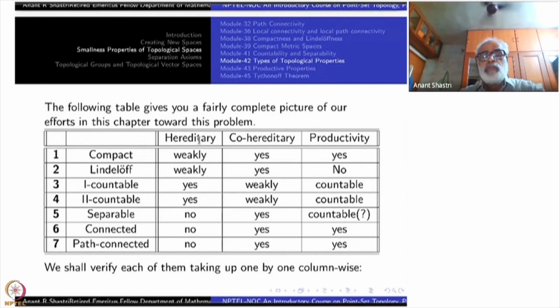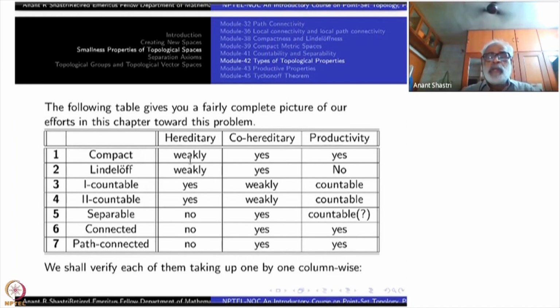Okay. So what I will do, first I will take hereditariness for all these things one after another. Then we will go to co-hereditariness one after another. Okay. So let us look at compact spaces.